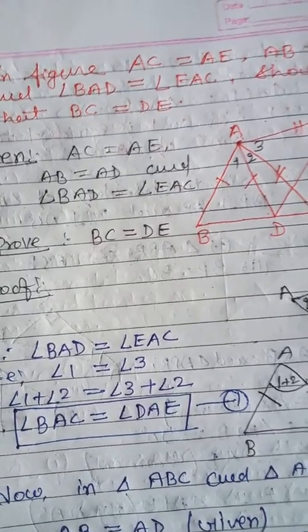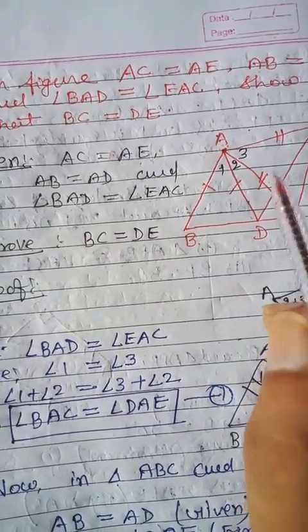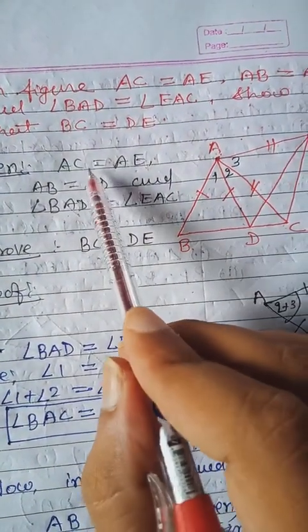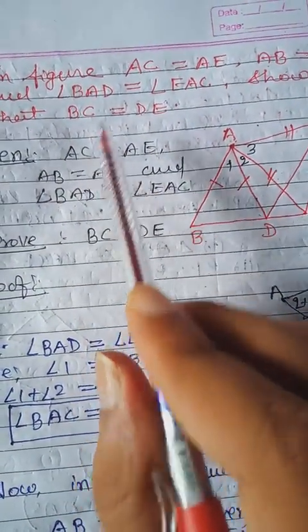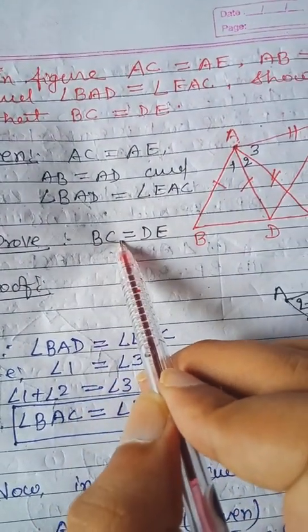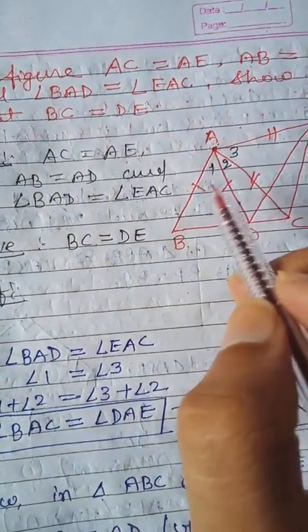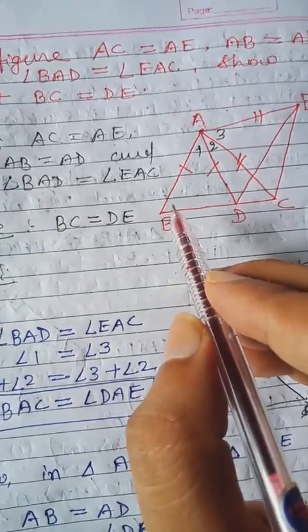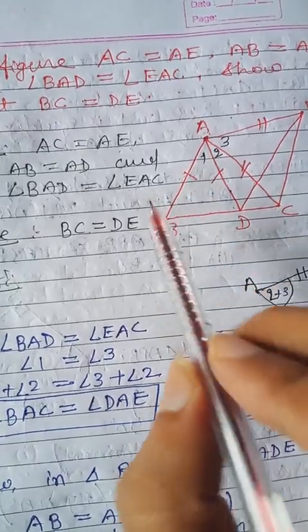Look here, according to the information of the question and the to prove of the question, we saw that here are two triangles.